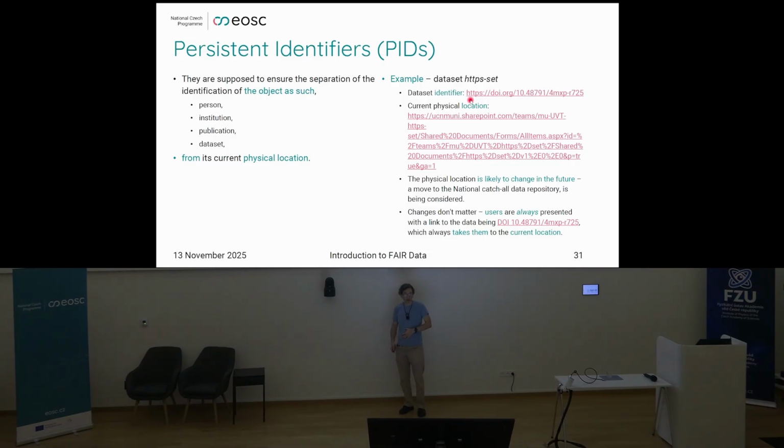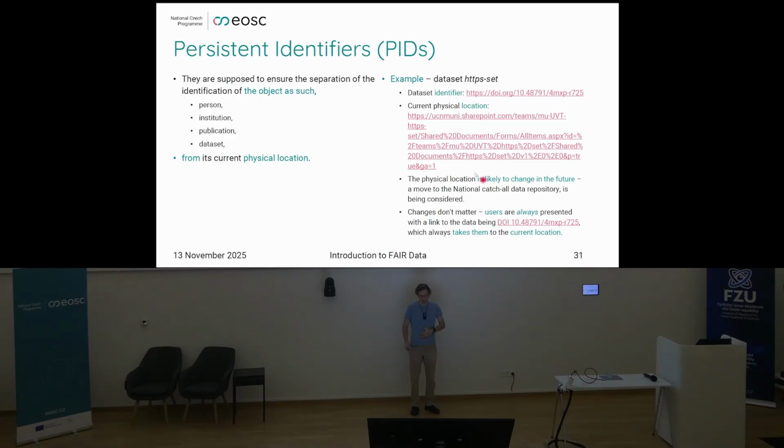Knowing that the current location is SharePoint of our university, you can think that's not the best storage solution for long-term storage. But we know that repositories in the Czech Republic, like the National Catch-all repository, will be built in a few months or years. I think years at the time of doing this.